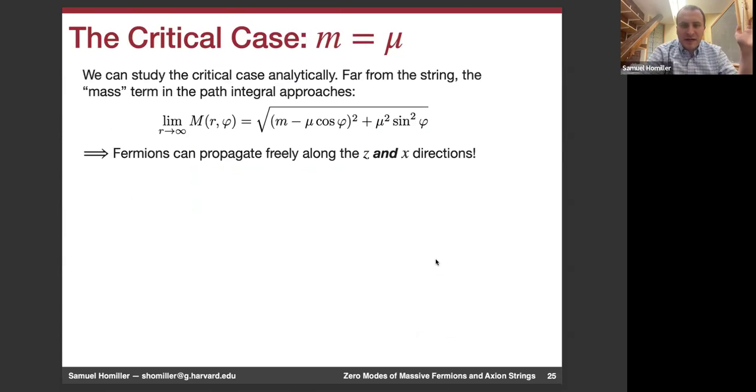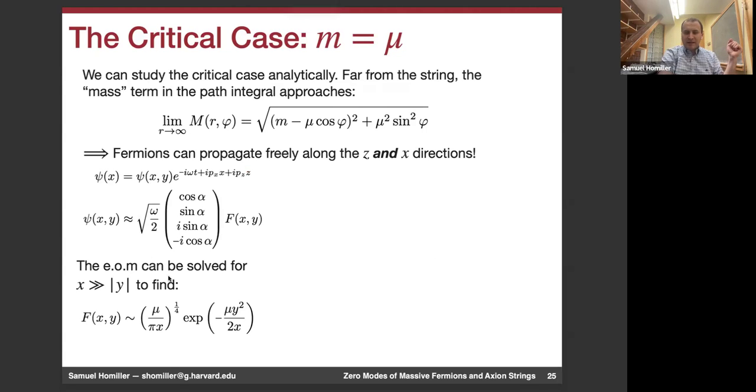And so it's useful to kind of study this critical case. You can study it analytically. Far from the string, you can write what the mass term in the path integral looks like. And this vanishes along the x-axis as r goes to infinity for m equals mu. And so it makes some sense that I can think about the fermions propagating freely along the z and the x directions.